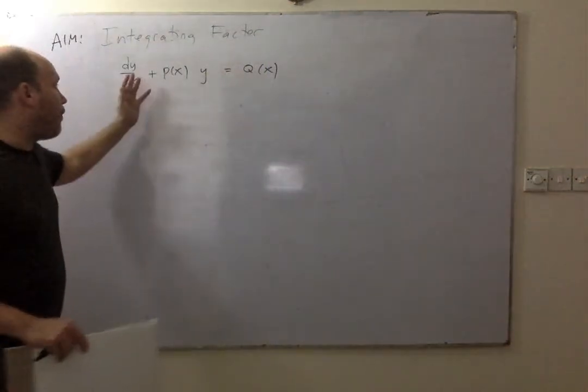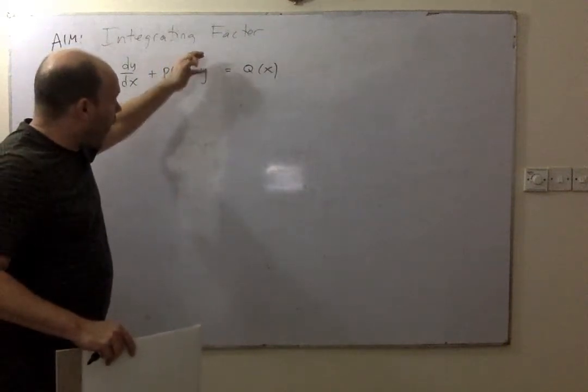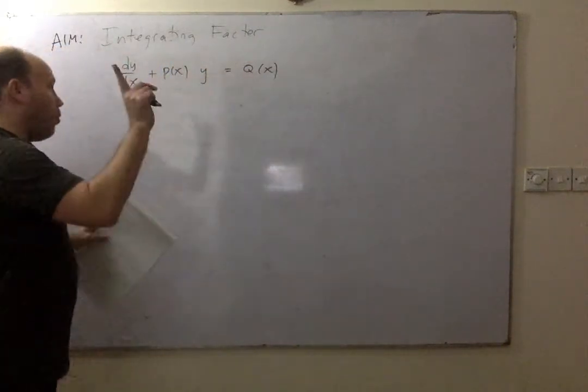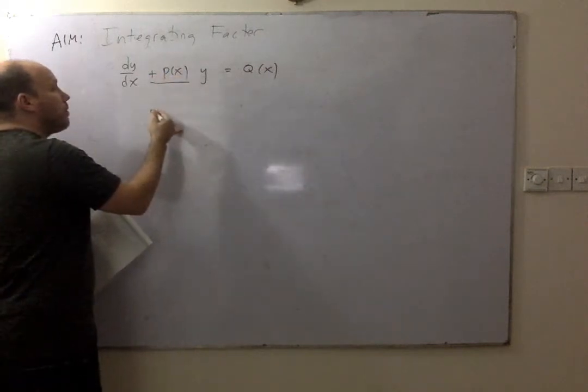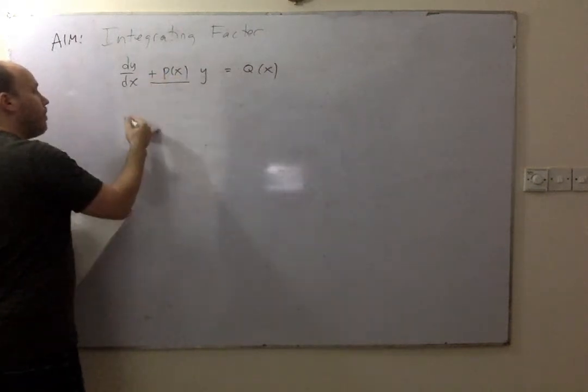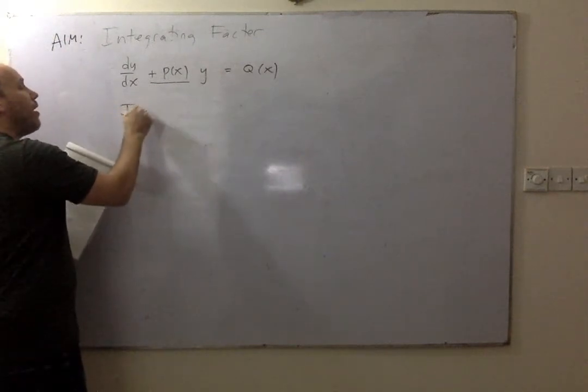Okay, so we have the form dy/dx plus p(x) times y equals q(x). You're going to take the p(x) term and create a function called the integrating factor.